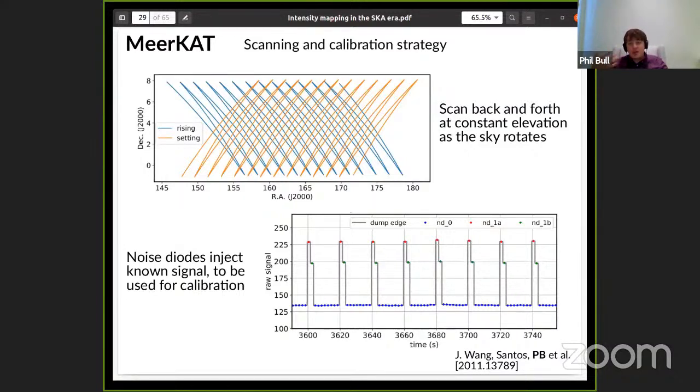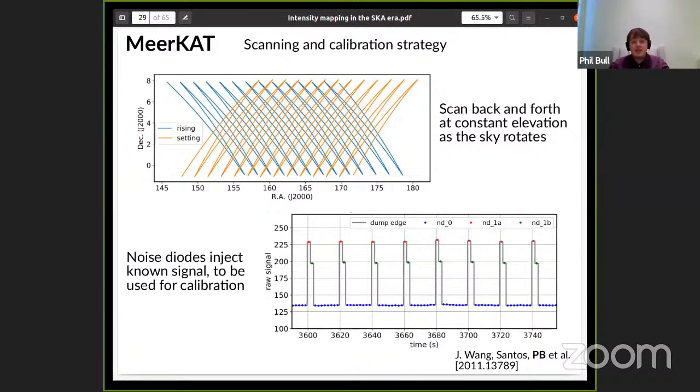And then we use something called a map maker, which combines all of those scans together into a map. We scan the telescopes back and forth at a constant elevation, and as time goes by, the sky appears to rotate, I mean, the Earth rotates. And so we make a map of a larger region.